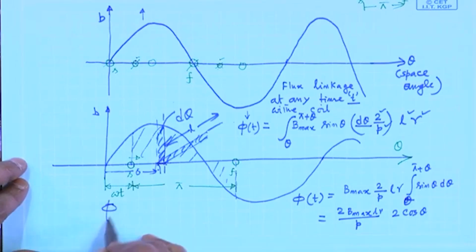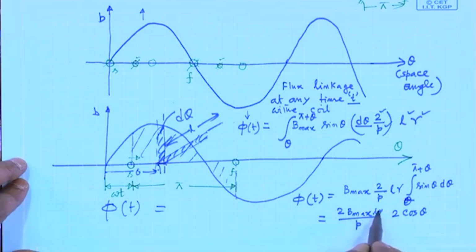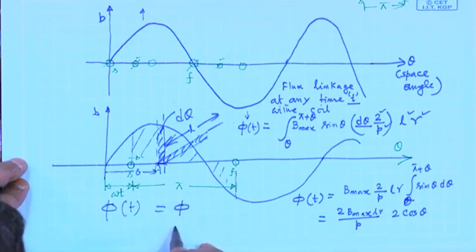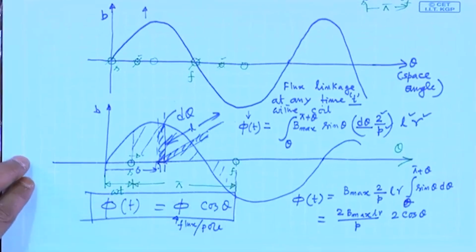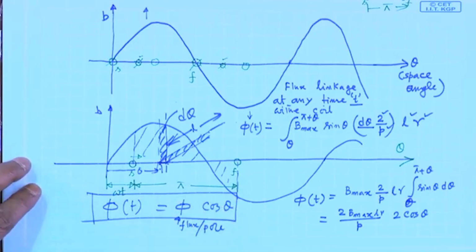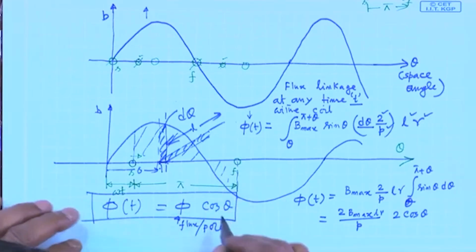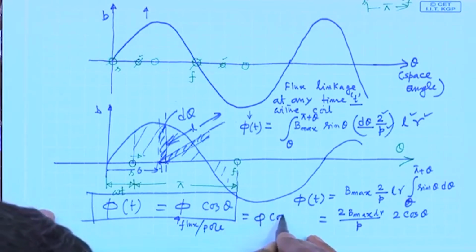And your phi t then will become 4 by P B max Lr, that is nothing but flux per pole, we know that, flux per pole into cos theta. Therefore, the flux linkage with a single coil at any given time, and this theta is nothing but omega t, is phi cos omega t.